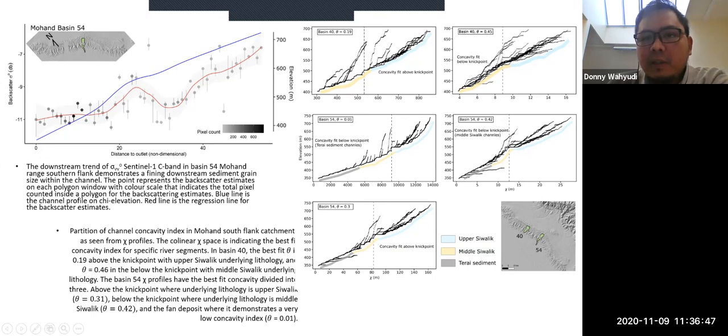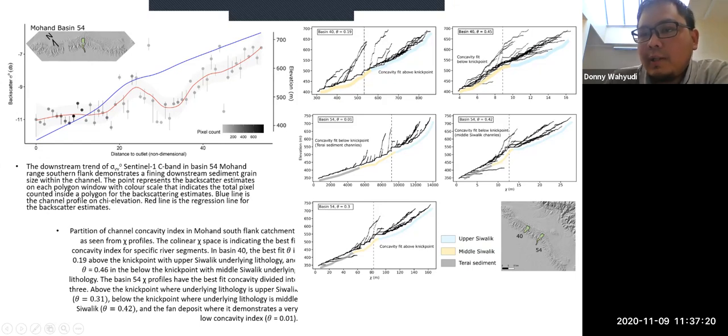So in this picture, for the concavity of 0.19, the channel has a collinearity in the upstream, while downstream all the tributaries are just above the main trunk, which indicates that the concavity is lower in this part.